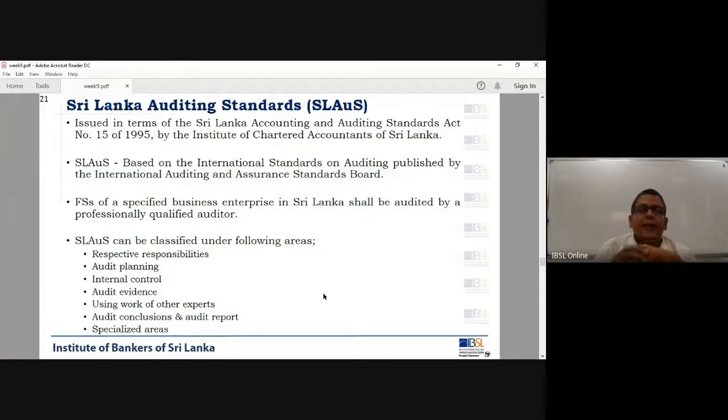Other than that, the Sri Lankan auditing standards are issued in terms of the Sri Lanka Accounting and Auditing Standards Act No. 15 of 1995 by the Institute of Chartered Accountants.